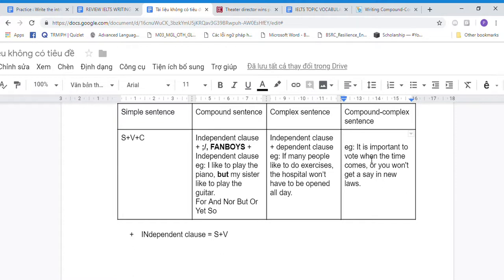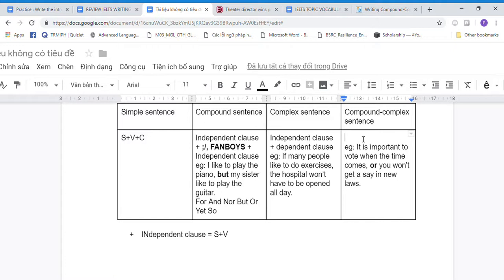So do you guys know the structure of it? Looking at this example, or is a fanboy, right? So these must be independent clauses. It is important to vote is one independent clause, and then this is a dependent clause.